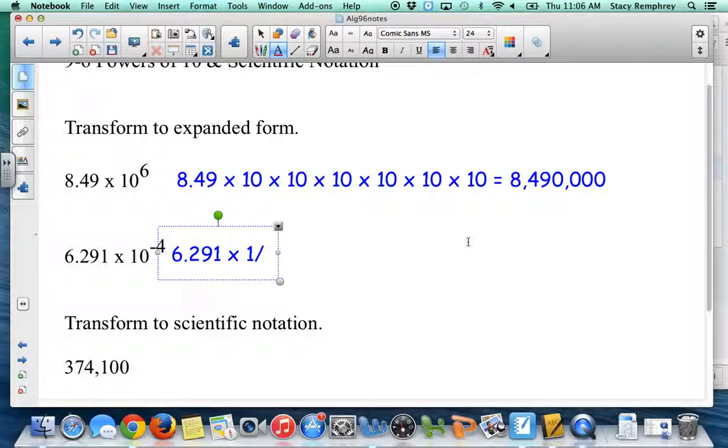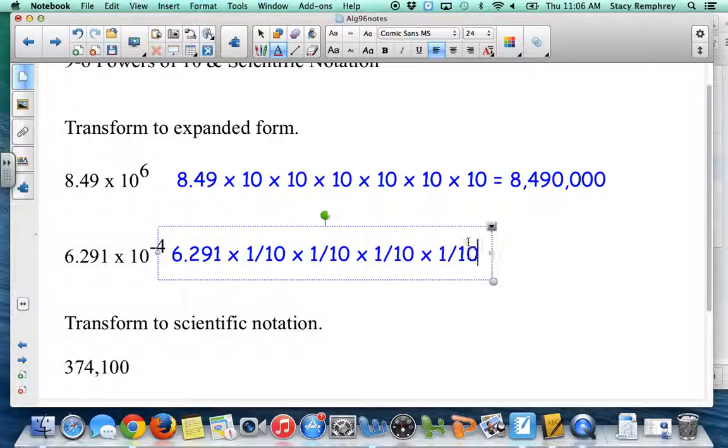So it would be like multiplying by 1 over 10 four times. And dividing by 10 makes this get smaller. So I'm going to take my decimal right here at 6.291 and I'm going to move it 4 decimal places to the left. I'm getting it smaller. So you get 0.0006291.